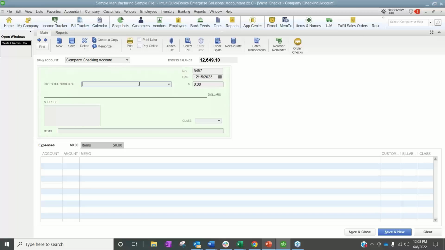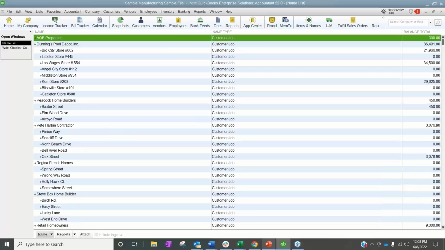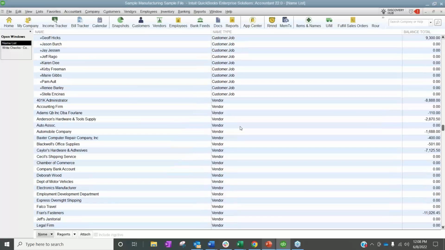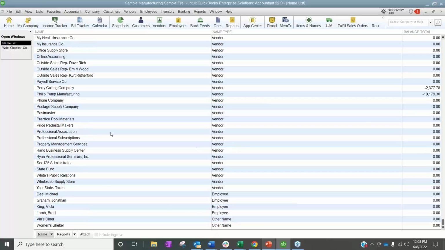Everybody's aware too, right? Inside of the QuickBooks database, your customer list, vendor list, employee list, and other names list actually all reside in one table. And then they're separated by, is this a customer? Is this a vendor? And you can see that in a lot of places. If you go into write checks and you click on the pay to the order of and hit Control L, it'll take you to the list of all in one list. You can see I have customers, vendors, employees, other names, all on one list.